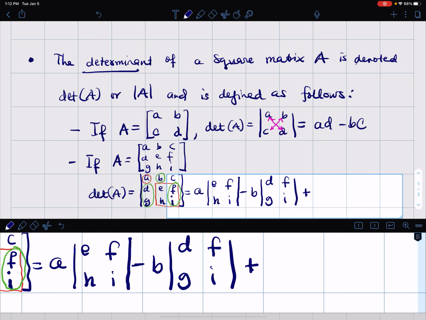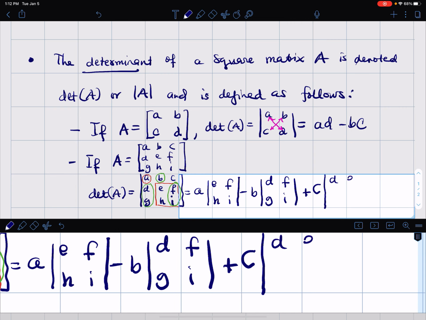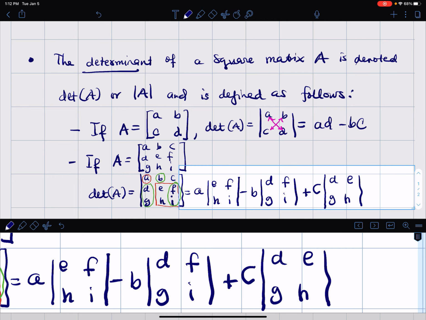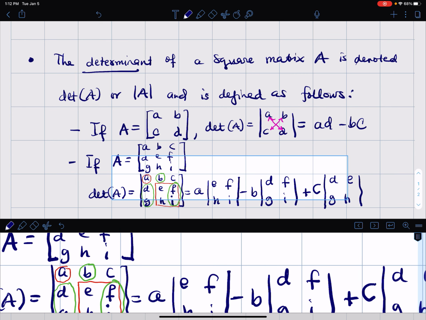And then plus, I do the same thing to c multiplied by the determinant of d, e, g, h. So you notice it goes plus, minus, plus.